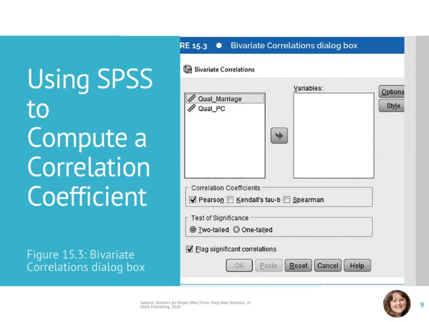You would just take those and move them over to the right. Pearson correlation is going to be already checked off. That would be your typical correlation that you would run. Typically, you're running it as a two-tailed. And if you want the significance to be flagged to tell you whether it's p .05 or, if you're going to be more strict, p .01, then you can click all those things and you'll get your results. It's pretty simple.